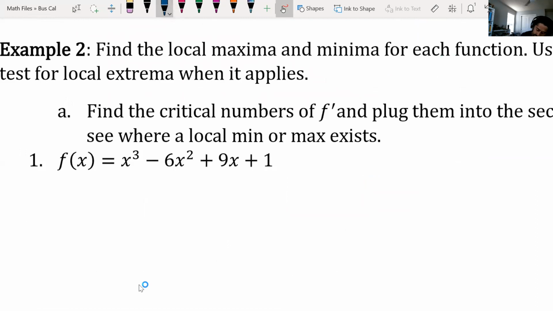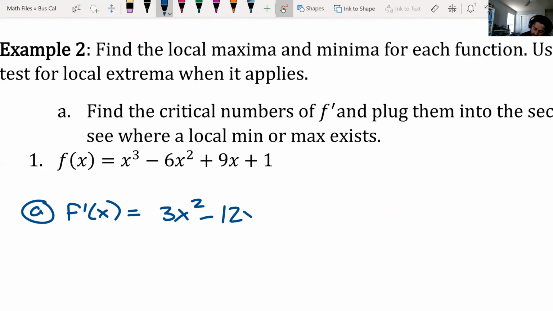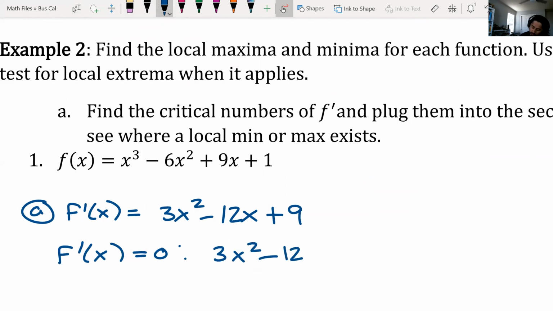So we'll call this A. We're going to say f prime of x, which gives me 3x squared minus 12x plus 9. Set it equal to 0. And we get 3x squared minus 12x plus 9 equal to 0.